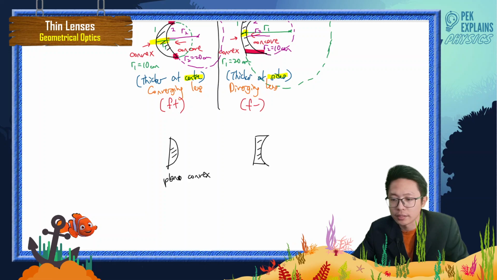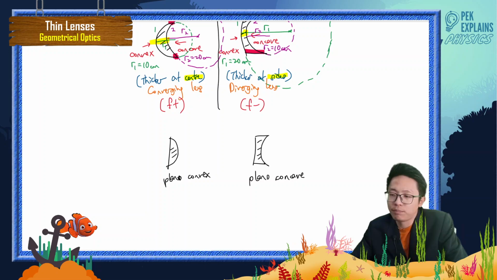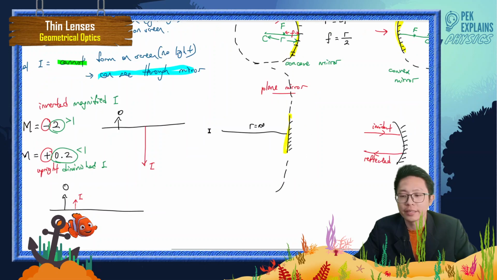This is called plano-concave. For a plane, we actually learned before: a plane surface has infinite radius. Last time I talked about the plane mirror. It has infinite radius.